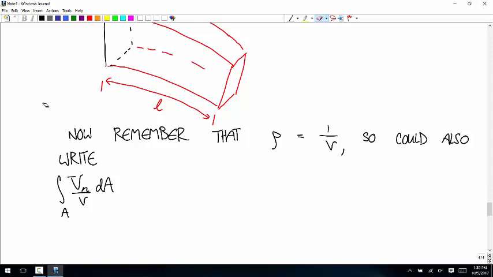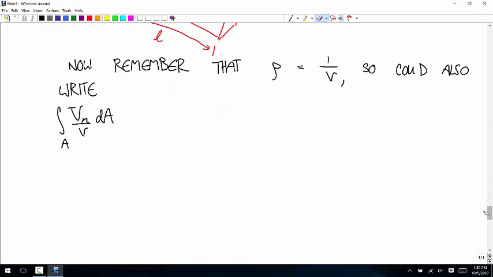But most of the time, we're not going to do this as an integral. This is what you'd have to do if there was some kind of complicated fluid mechanics you were dealing with, or if you had to calculate what the flow was going to be based on fluid dynamics without just measuring it.